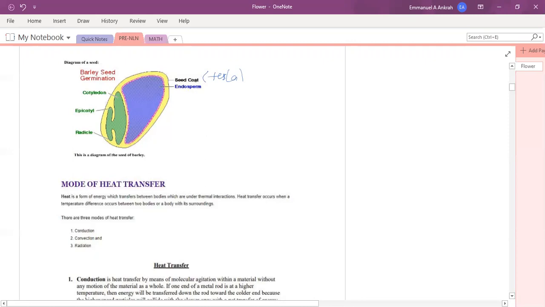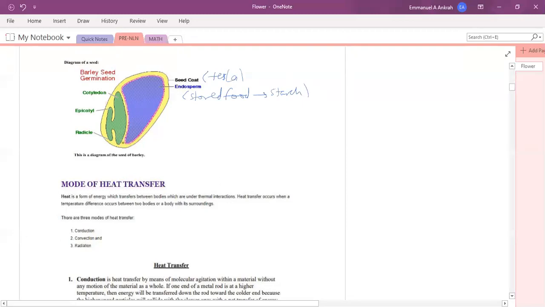The endosperm is the stored food that is needed for germination, and it's mostly starch. That is stored and to be broken down to simple sugars to provide the energy for germination. All right. So this is the bulk of the seed.